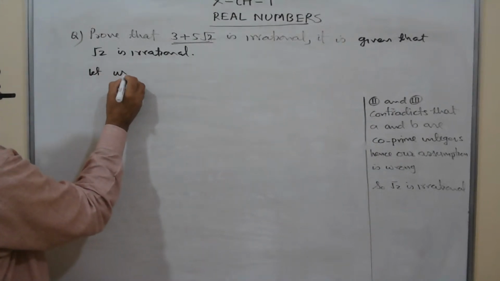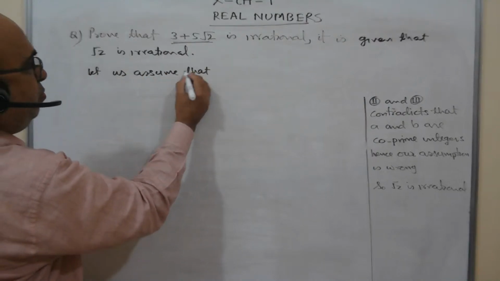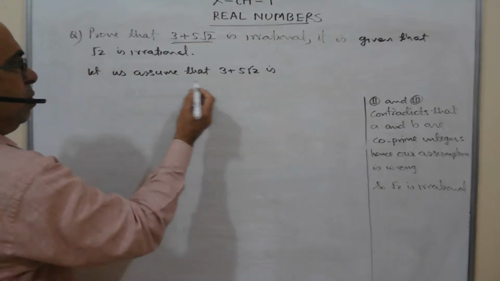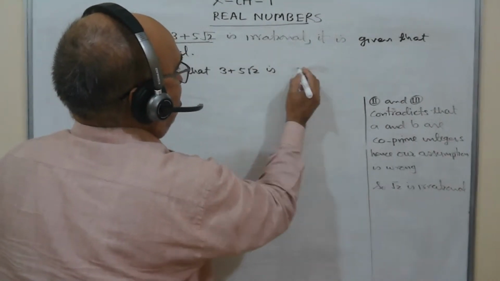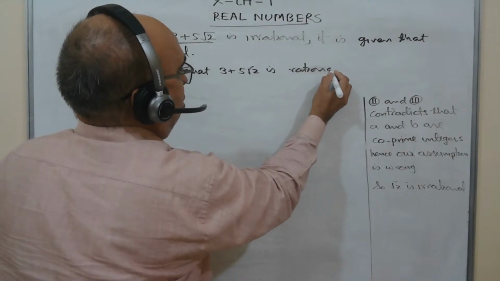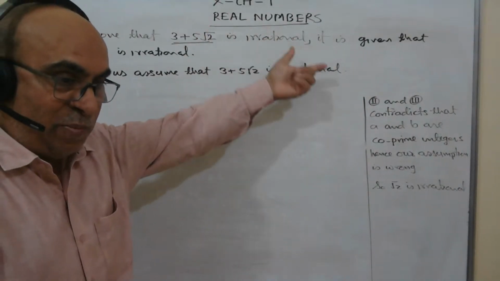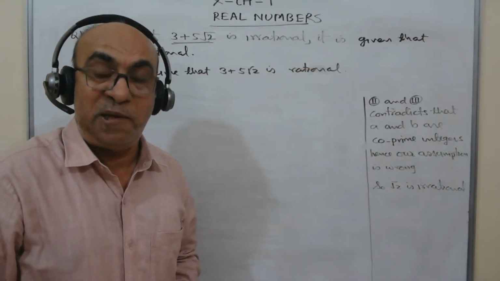So let us assume that 3 plus 5 root 2 is rational. Because you want to show that it is irrational, so suppose the opposite of that. So I suppose it is rational.